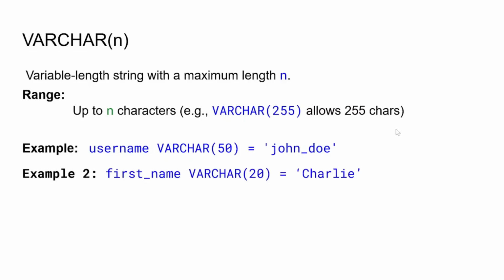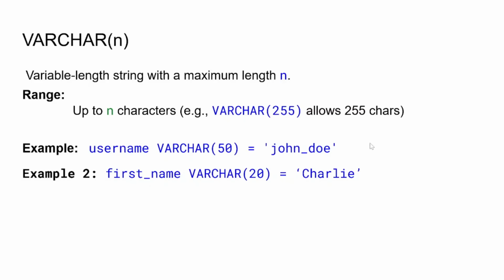You can also use it for things like first name. Also here we have an example, first name. We are limiting it to 20 characters, and you can see that even a name like Charlie can easily be handled by this field. So basically a VARCHAR is used when you know that the number of characters in that sequence or in that word will hardly be more than 255 characters.